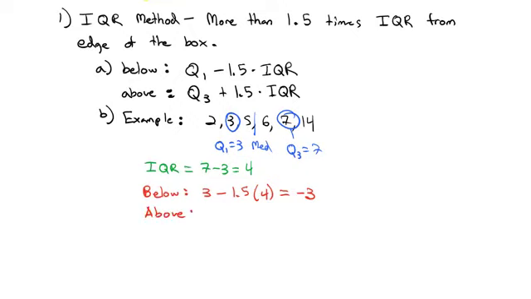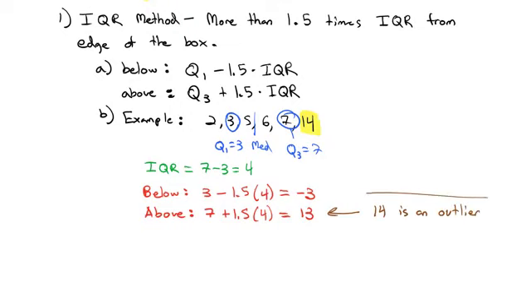But also anything above the third quartile, 7, plus 1.5 times the interquartile range. 7 plus 6 is 13. Anything above 13 becomes an outlier. And you notice 14 is right on the edge there. And so we will say, based on that, 14 is an outlier. It lies outside of the majority of our data.